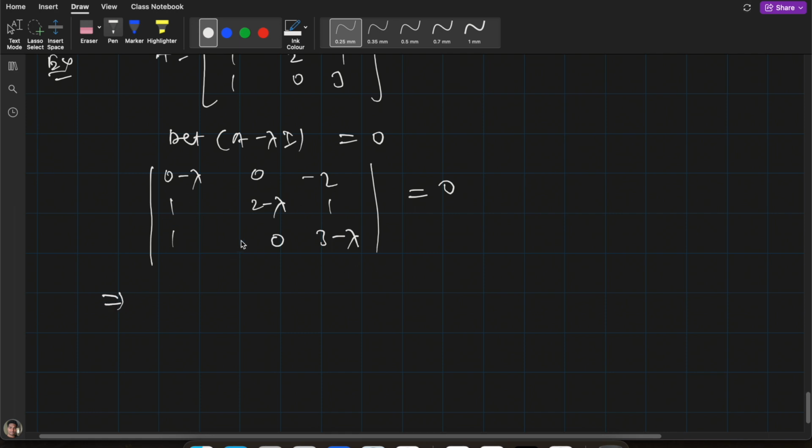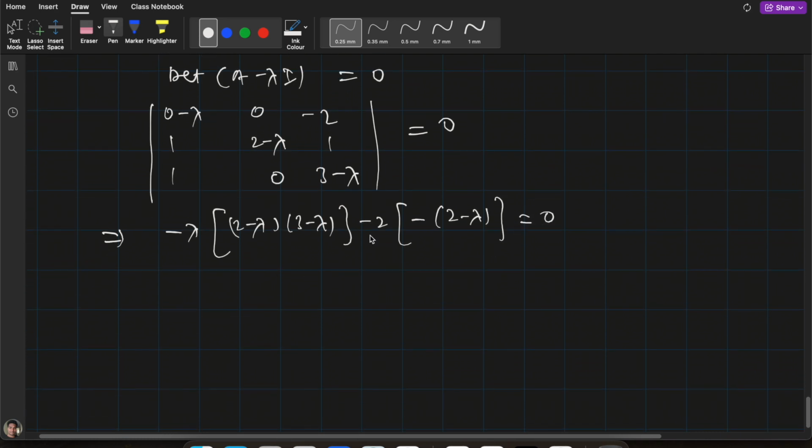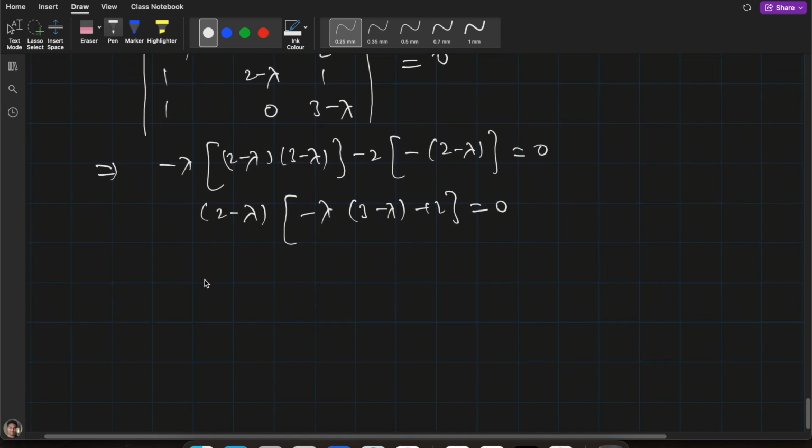After finding the determinant, you will get minus lambda times 2 minus lambda times 3 minus lambda, fine, and minus 2 times (2 minus lambda) equal to 0. You can see that 2 minus lambda is common, and that leaves minus lambda times (3 minus lambda) plus 2 equal to 0.